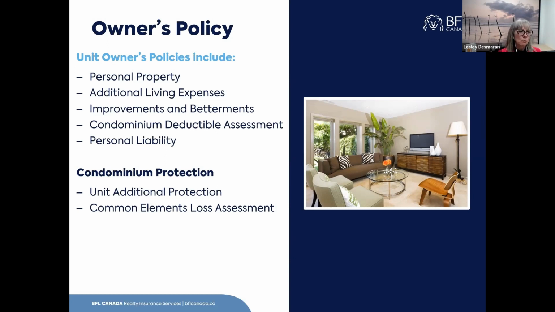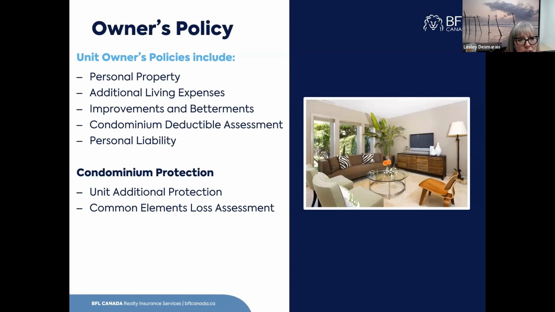Some of these come with standard limits. So for improvements and betterments, if the board is responsible for the betterments and improvements but your policy includes them, it's usually put on there as a standard percentage of your personal property. It's something they include that you generally don't pay for unless you're increasing those amounts because you have to.